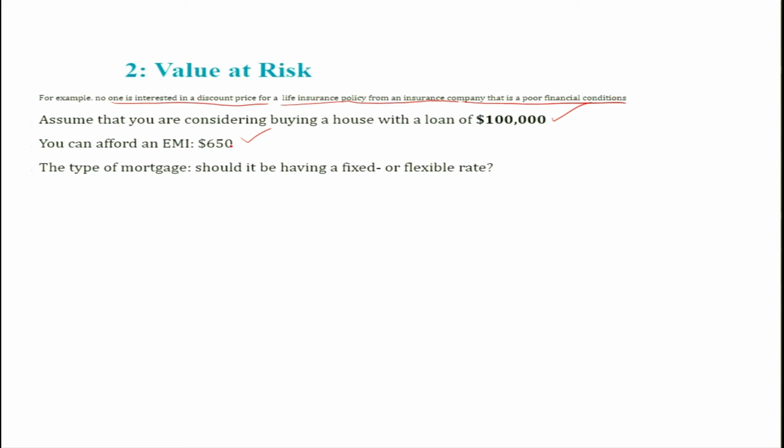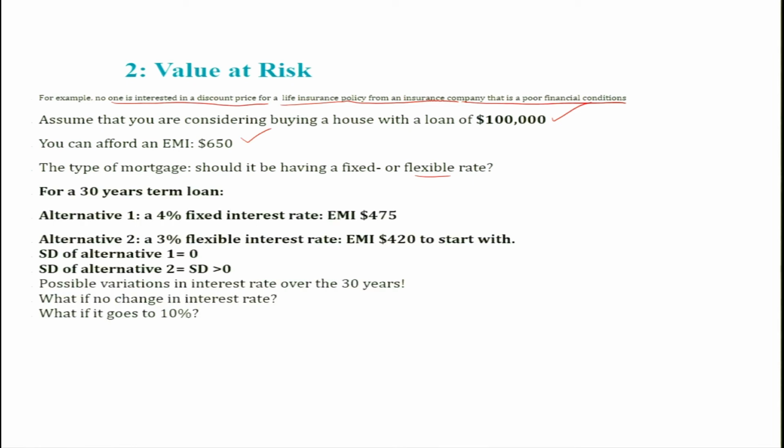Should it have a fixed or a flexible, adjustable rate? The answer is different for different people. Let us organize our thinking with this example, where the person cannot afford more than 650 per month. Take the case of a mortgage loan with a 30-year term.